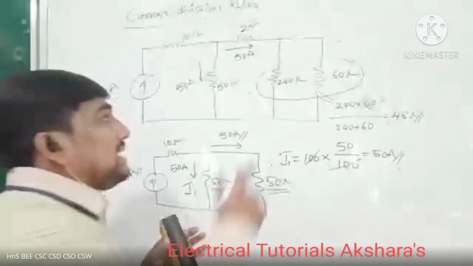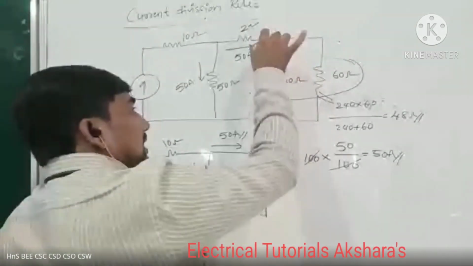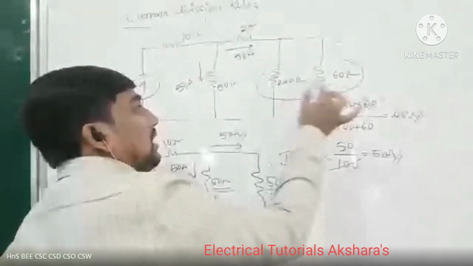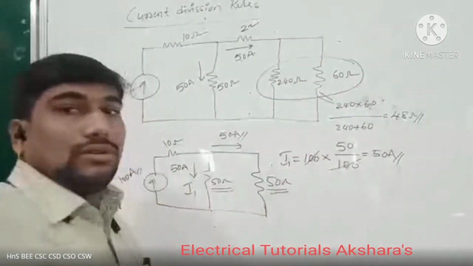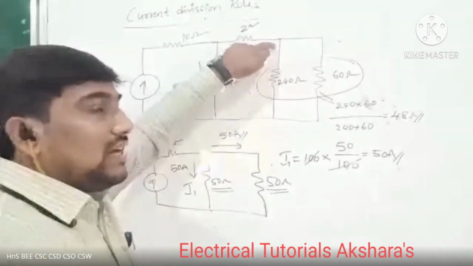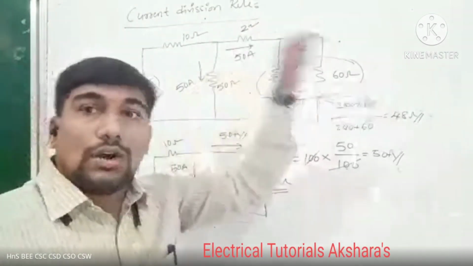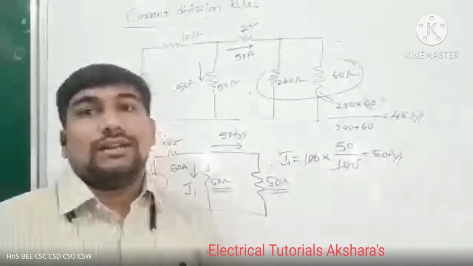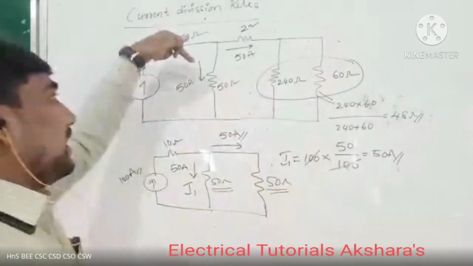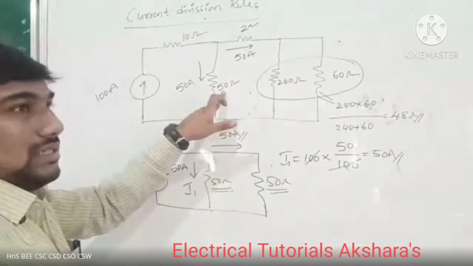Now at this junction, the current is divided into two parts across 240 ohms as well as 60 ohms. Now you have to apply the current division rule once again. The 50 is already consumed across the 50 ohm resistance.